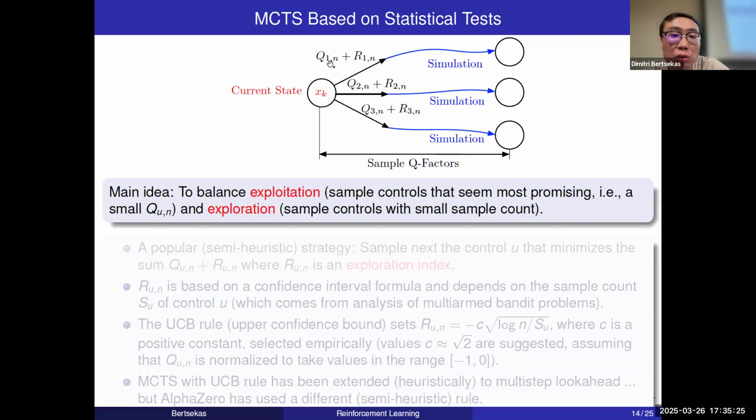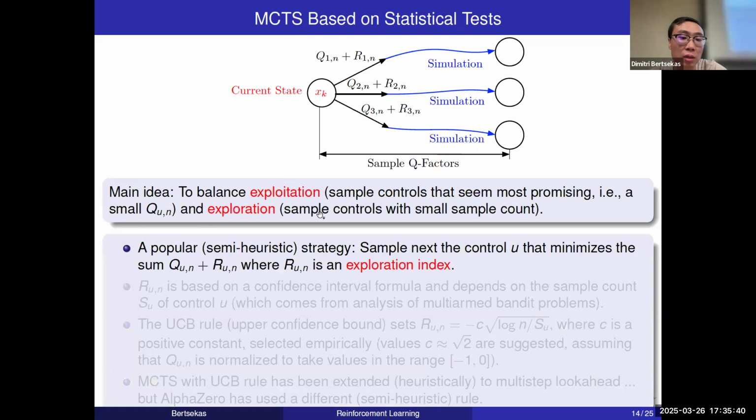Well, in addition to the exploitation index, which is the empirical mean of the Q factor we want to compute, we introduce an exploration index.